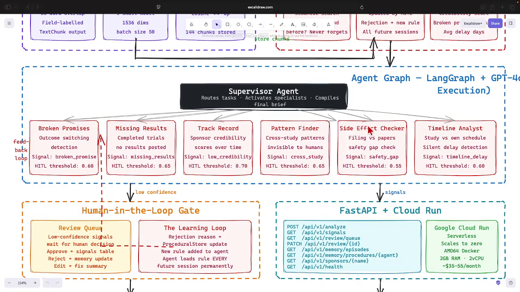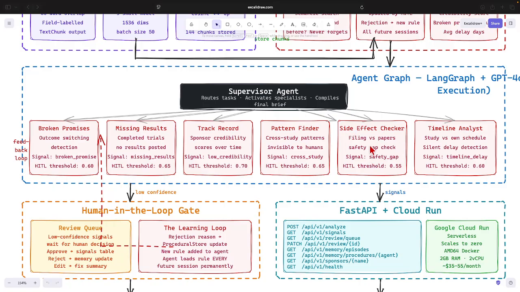All right. Then you have the side effect checker. The name itself says it: it compares what the official trial filing says about safety against what was published in the research papers, and it flags the gaps. We'll actually discuss this when we build the side effect checker.